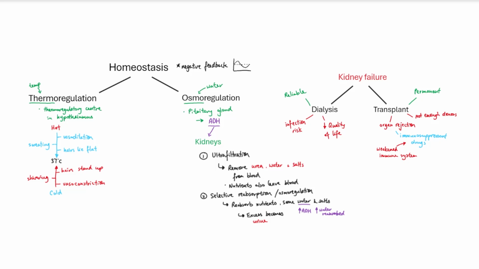Make sure that you're aware of how the two examples of homeostasis can be done in the body, and looking at them as specific examples of negative feedback, because some of the questions might ask you to suggest examples of this and explain these examples, and also looking at the kidney failure treatments and make sure you're able to evaluate these two different types of treatments.